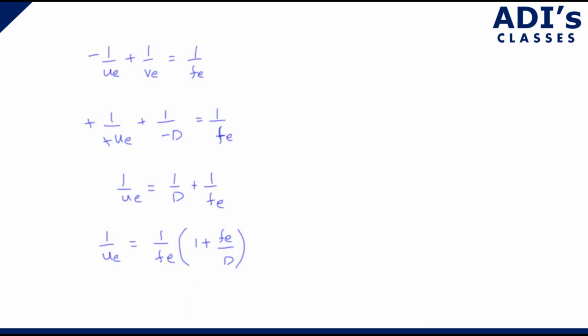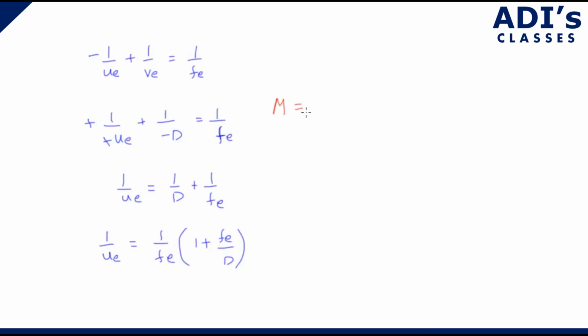Now, 1 by UE we can substitute in terms of M, correct? If you look at this, 1 by UE is minus M by F naught. So we can represent this in terms of magnification.